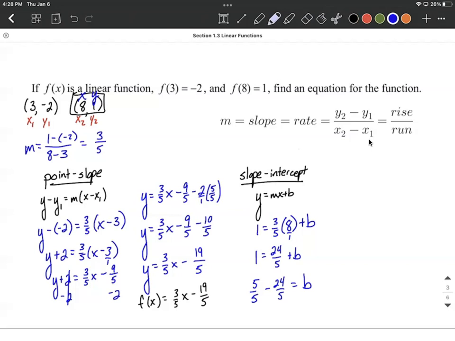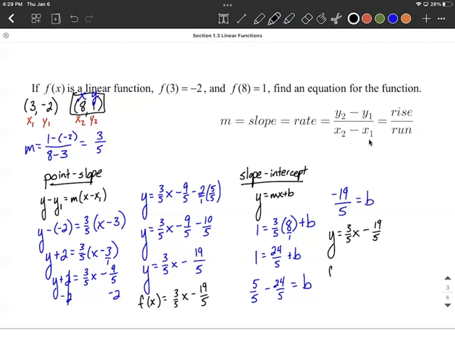So 5 minus 24 in the numerator makes negative 19. Keep the common denominator of 5. And we have b on the right-hand side. So plugging it back in, we could say y equals our slope, 3/5, times x, and then plus a negative 19/5, or that's the same thing as minus 19/5.